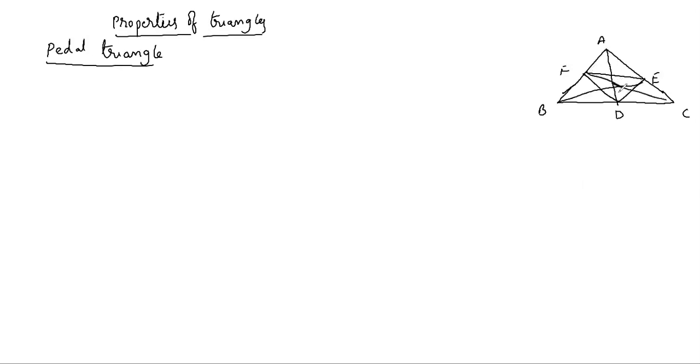The point of intersection of altitudes is H, the orthocenter. So the triangle DEF is called a pedal triangle of the triangle ABC.